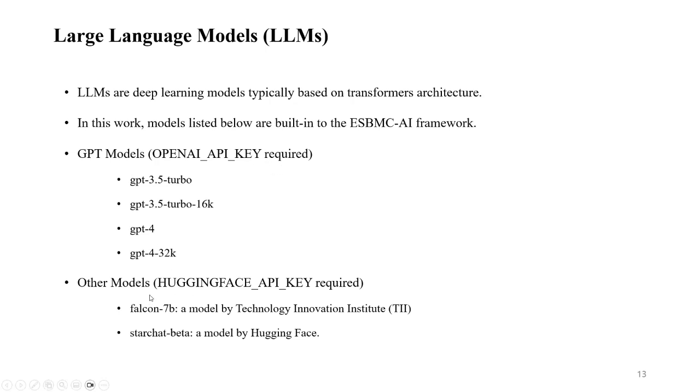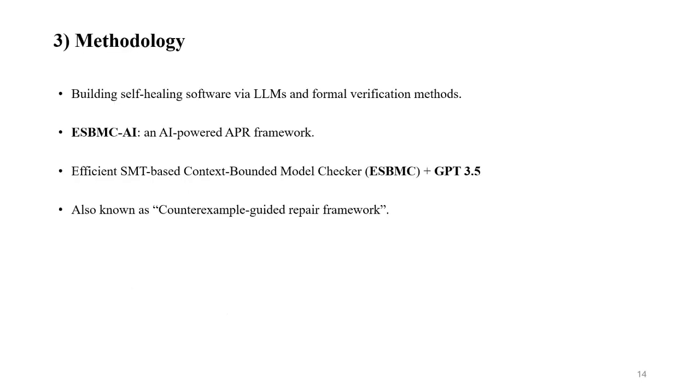The second group is models which are released for free on Hugging Face. Here we also need a Hugging Face API key. So you can try this on your local machine for demonstration. But here they didn't include Falcon 7B and StarChat Beta in their results because the experimental results of these models are very misleading. They don't perform like GPT models. That's why we are focusing on GPT models.